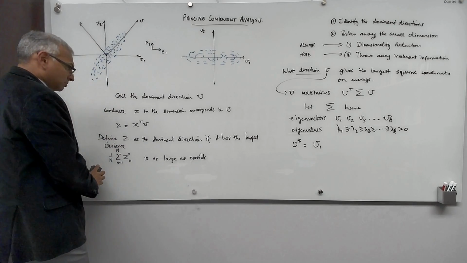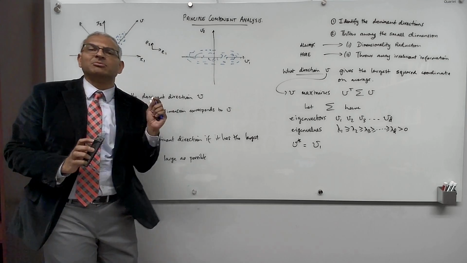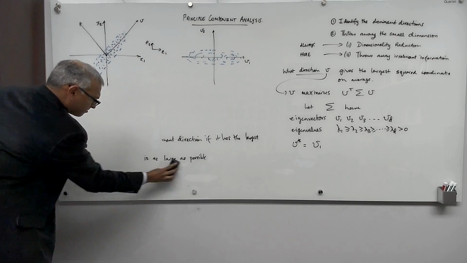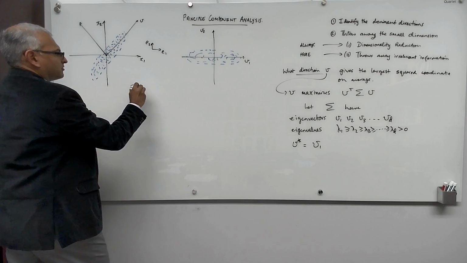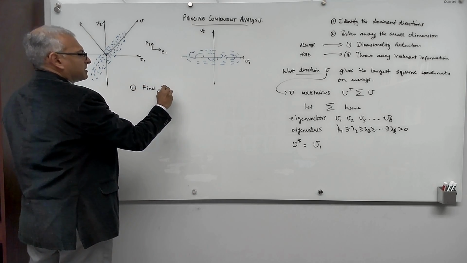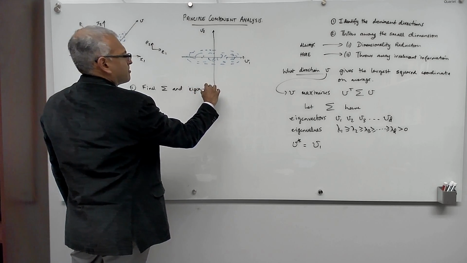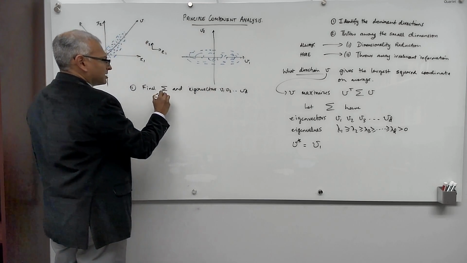Okay. So, algorithm, a very simple algorithm, and it comes to us from linear algebra. Step 1. Find sigma and eigenvectors v1, v2 up to v sub d. Sigma comes from the data.